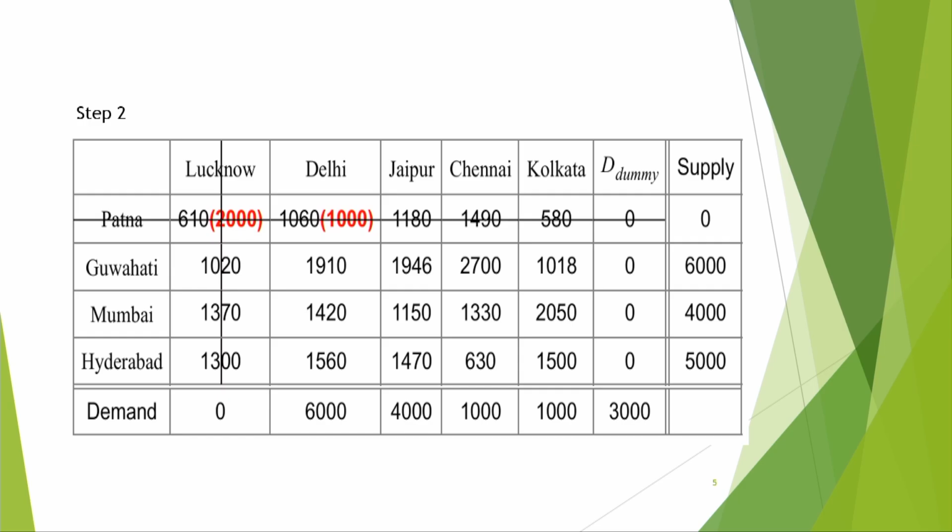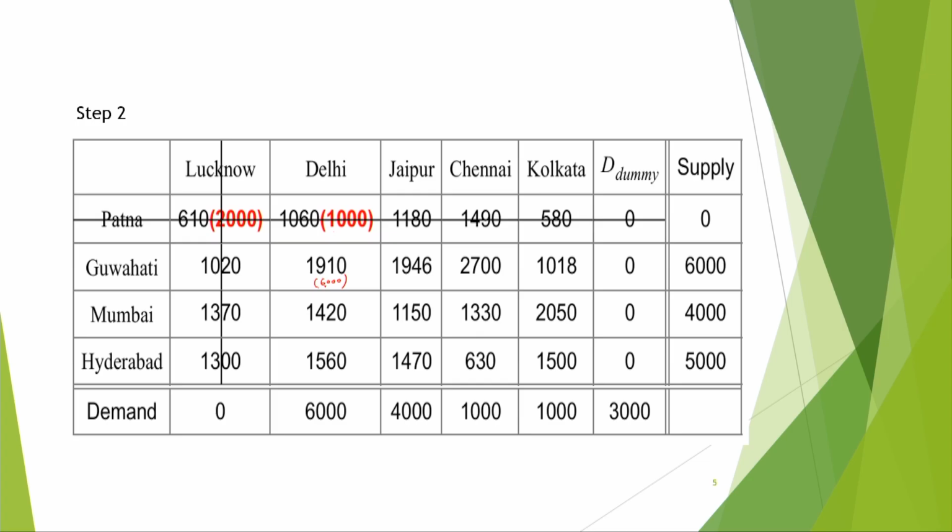Now we come down, because we can only come down. There are only 2 paths to go, this way or that way, and that one is already done. So here we come down, and now we have to give that 6000. The 6000 is the supply from Guwahati, and Delhi also demands 6000. So you give that 6000 here, the maximum.